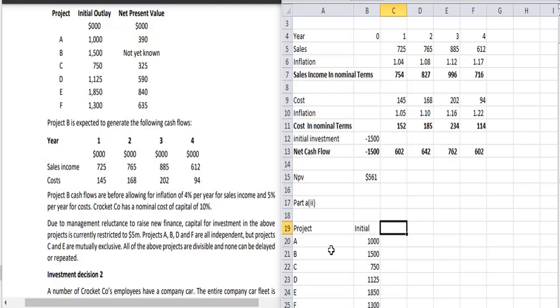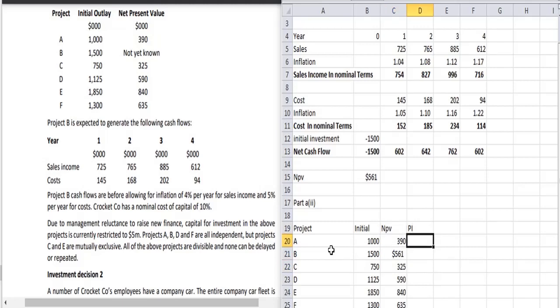Again, its respective NPV is 390, then we have calculated for the B here 561, 325, 590, 840, 635. Okay, so now we will calculate the profitability index.